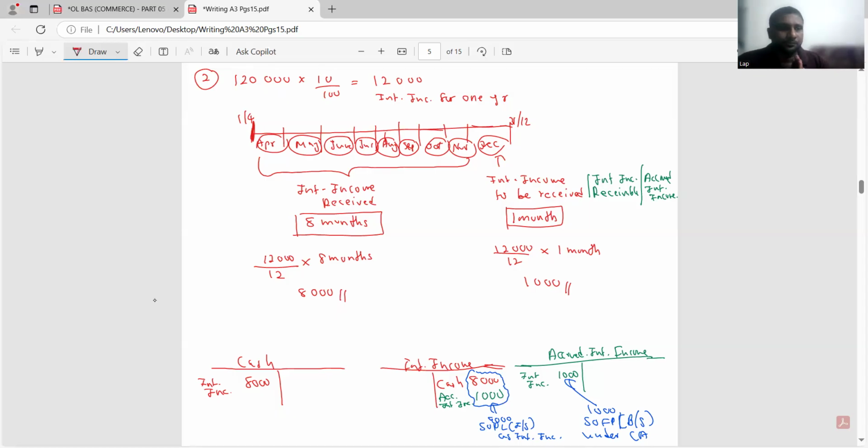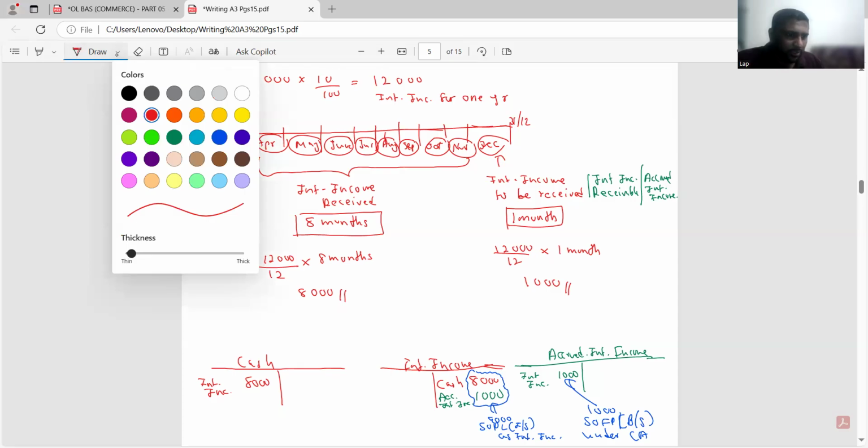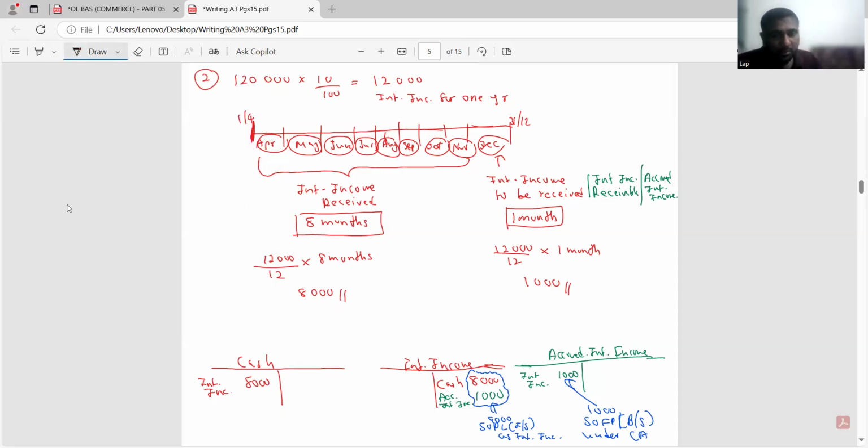So now we did a question. Based on that learning, we'll construct the note. In both the situations, what did we do? We credited the relevant income.